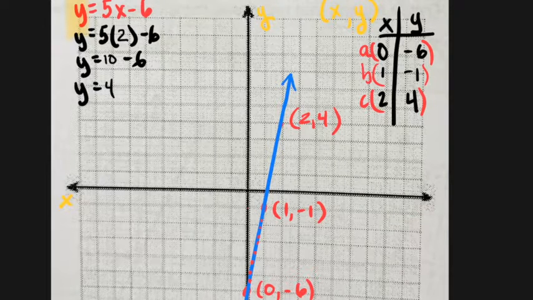I just simply grab these three whole numbers for x and plug them in. But a line is made up of multiple points in ordered pairs that would work as a solution set for this particular equation.